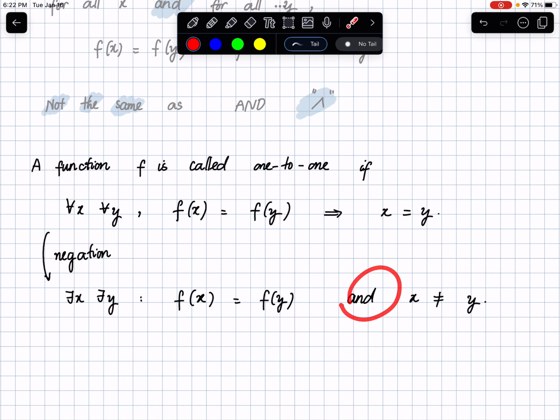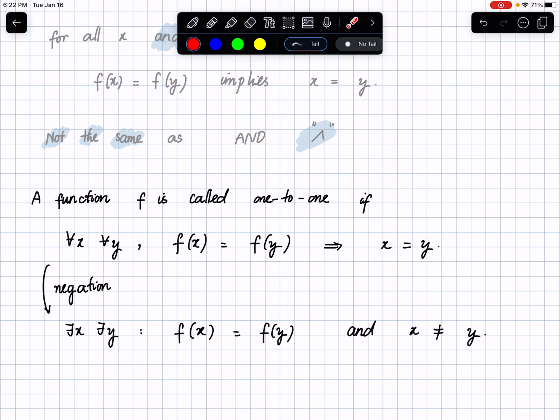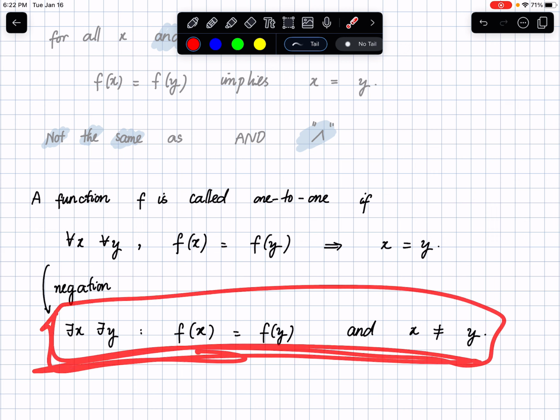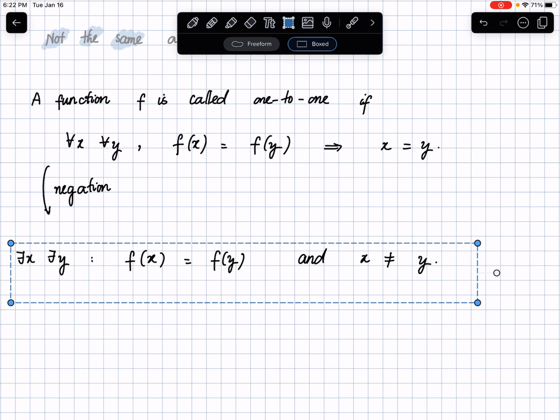Recall that this "and" and this "and" are not the same. This is a logical "and". There exists x and there exists y such that f of x equal to f of y and x is different from y. So this negation is just the definition of a not one-to-one function.